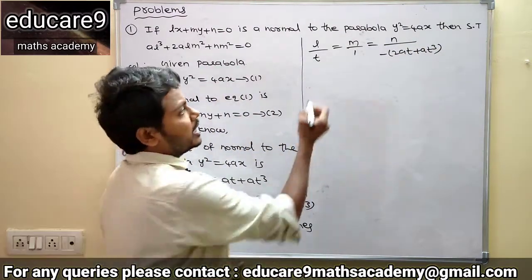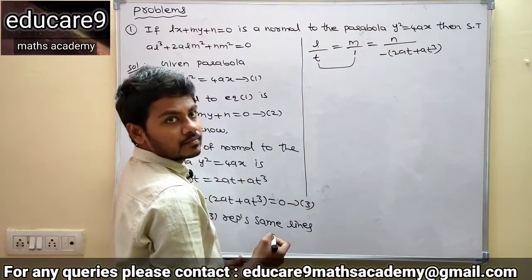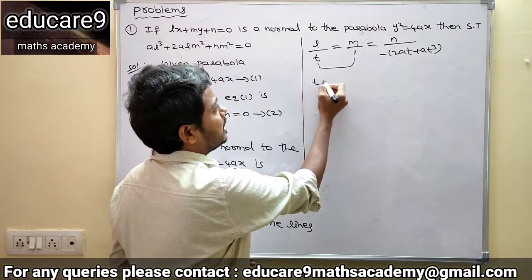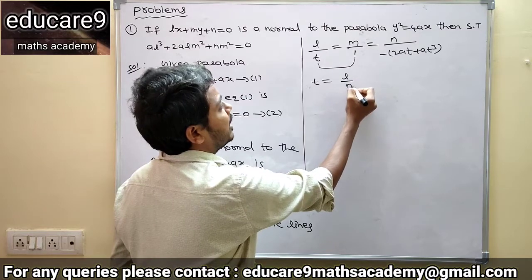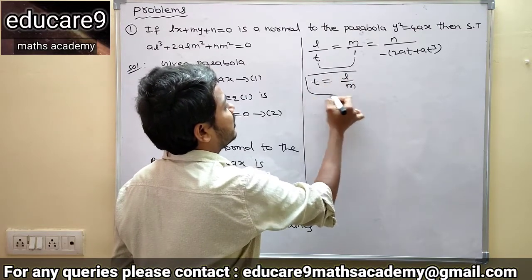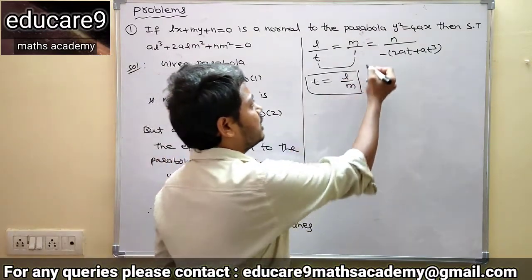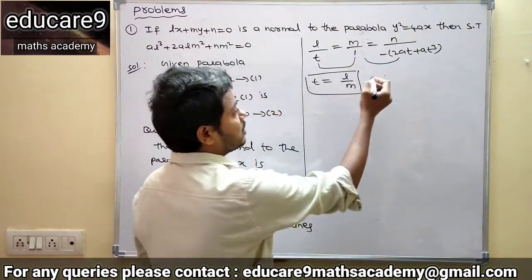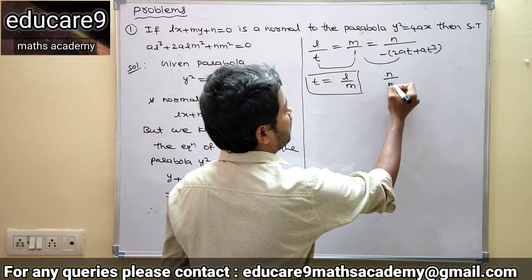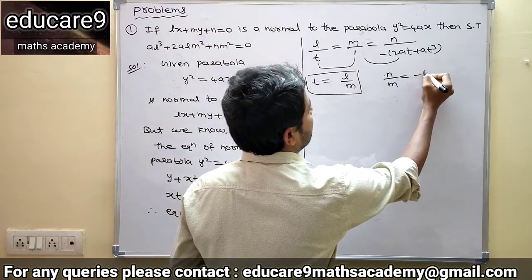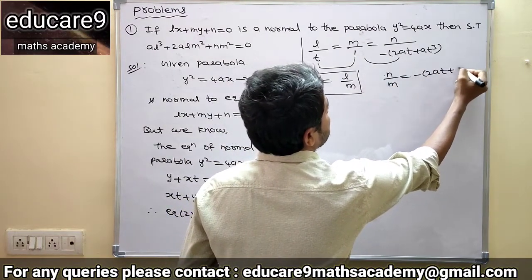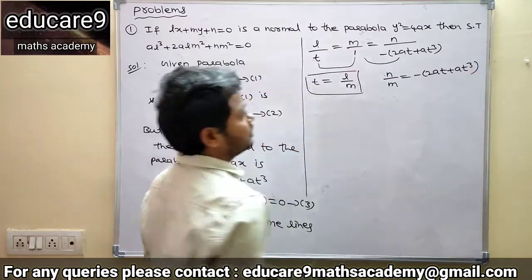Now equating these two, so t equals to L by m, this is the value of t. Now equating these two, this is n by m is equals to minus 2at plus atq.